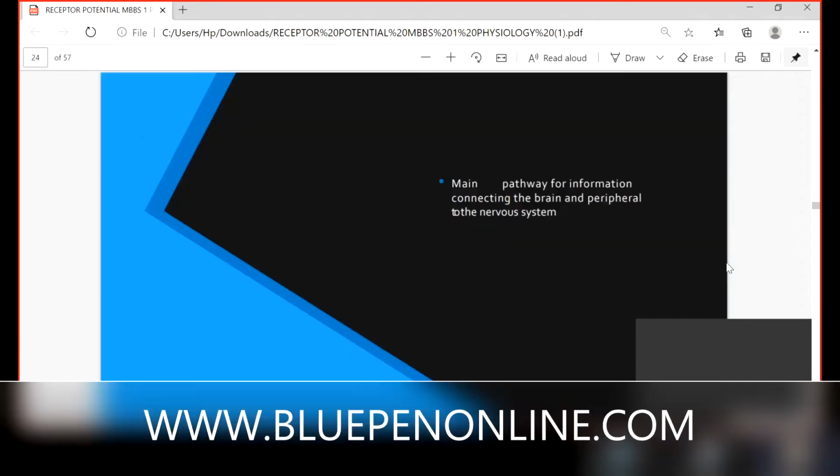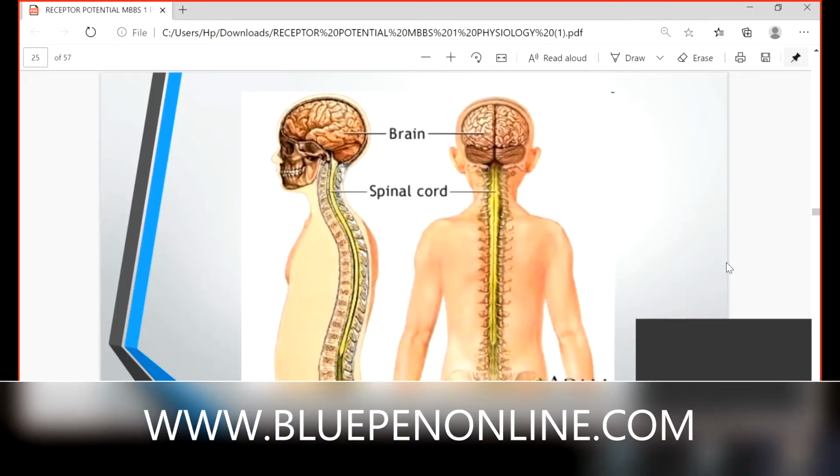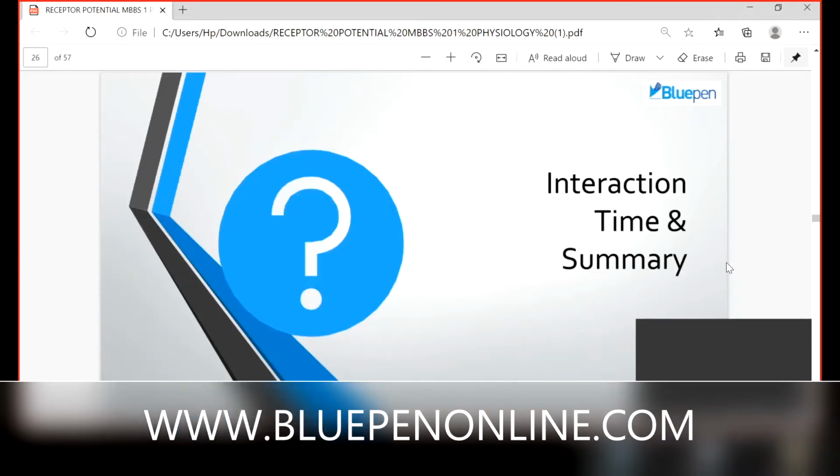It is the main pathway for information connecting the brain and the peripheral nervous system, because from the receptor to the brain, it has to pass through our spinal cord. Now you can see the spinal cord is attached to the brain. Hope you understood.